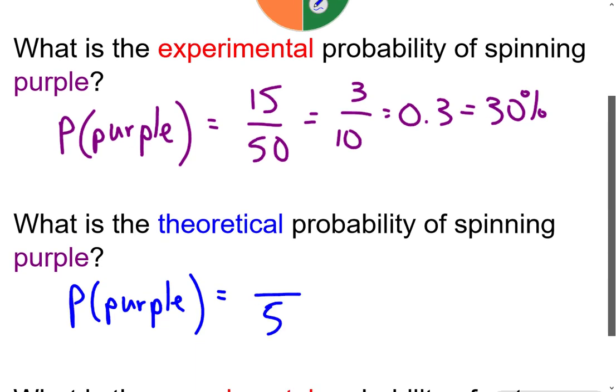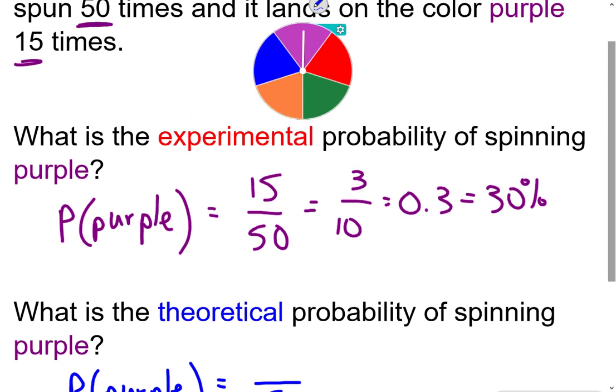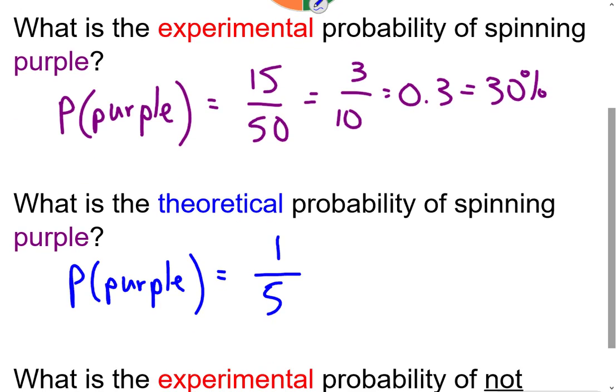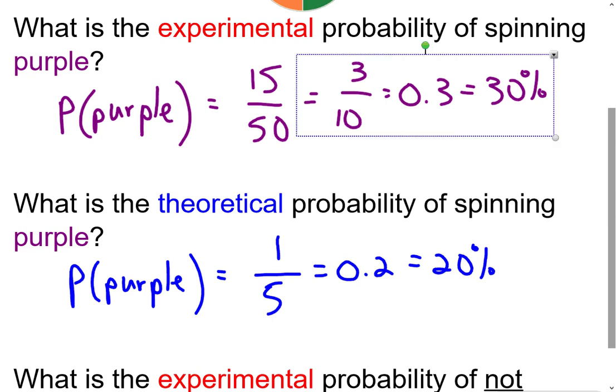How many of those outcomes are purple? I look at my spinner, and there's only one space that's purple, so it's 1 over 5. As a decimal, that would be about 0.2, which is 20%. So in this case, I would say the person spinning the wheel got lucky, because they ended up with more purples than, in theory, what they should have.